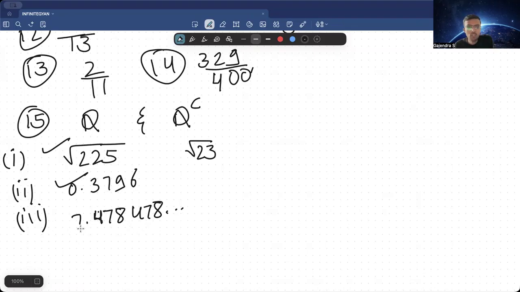So it is this type of decimal expansion. Yes, exactly. Non-terminating repeating decimal expansions are rational numbers, right? And here it will come under the category of rational numbers because non-terminating and repeating decimal expansion is rational.